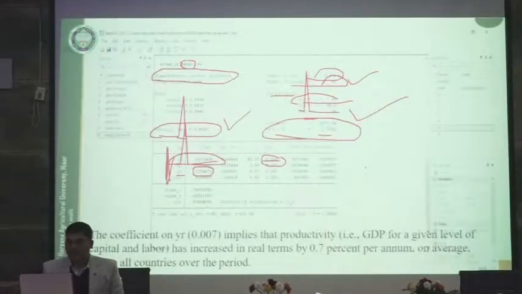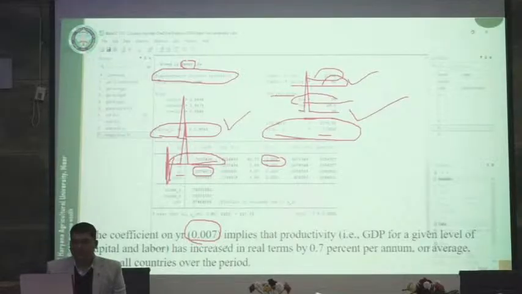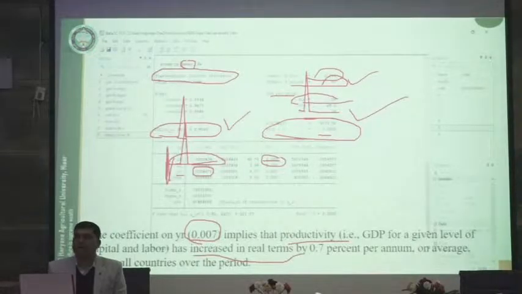Now you can see that the coefficient of YR, that is 0.007, implies that the productivity, that is your GDP, has increased in real terms by 0.7% per annum on average across all the countries over the period.